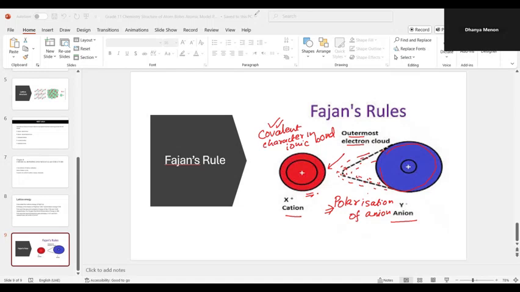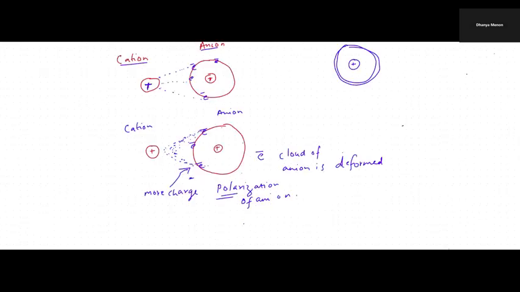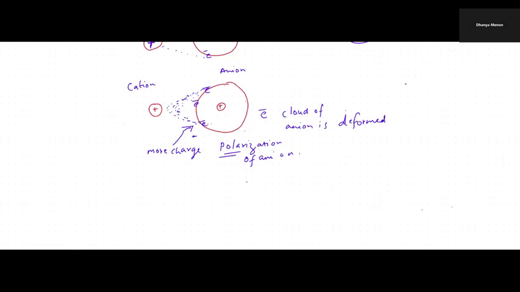Moving on further, when the electron cloud is distorted, it is called the polarization of anion.